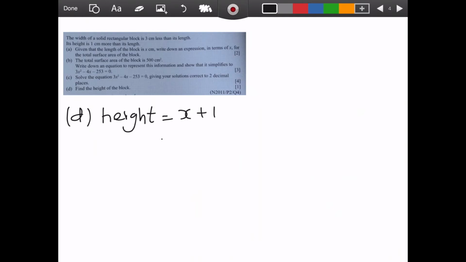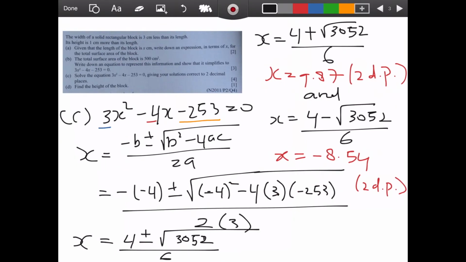x plus 1. And remember, just now we have two solutions for x, x equal to 9.87 and x equal to minus 8.54. But because this is a height, and this is a width and also length, therefore x has to be a positive number.